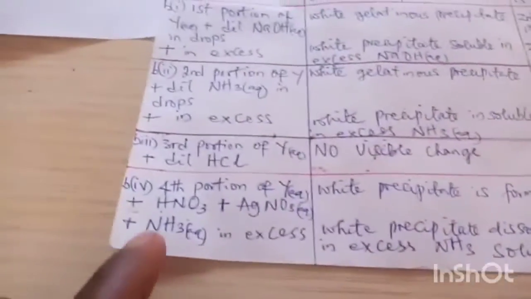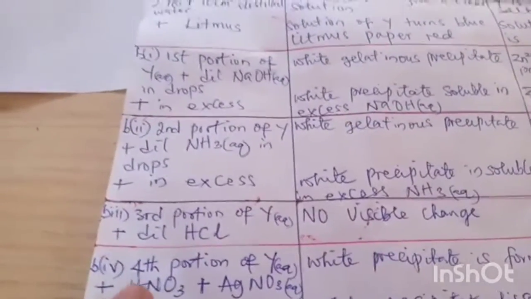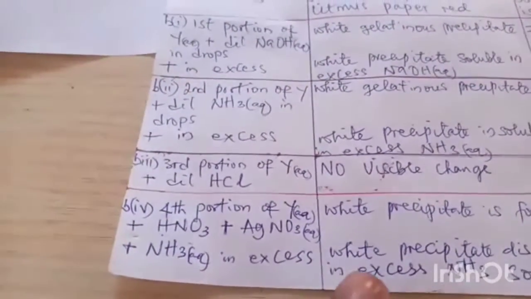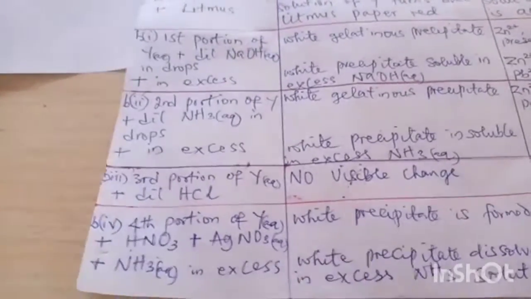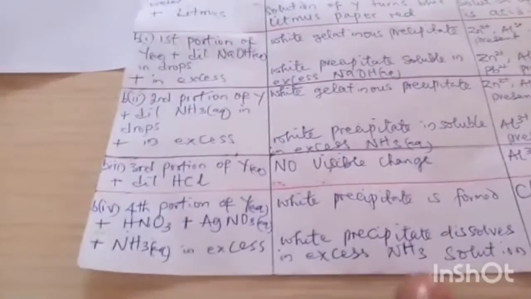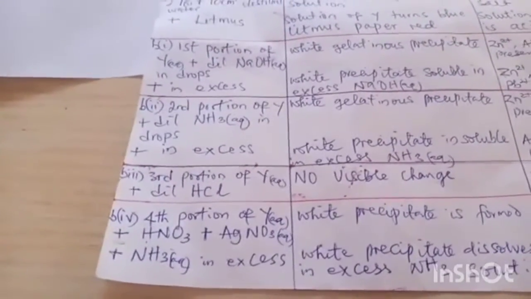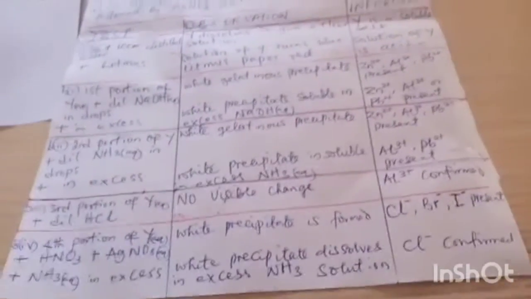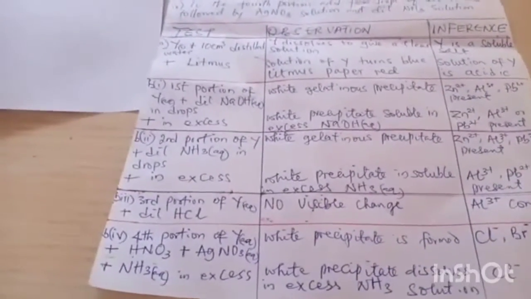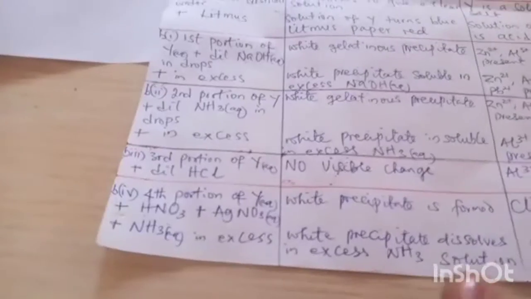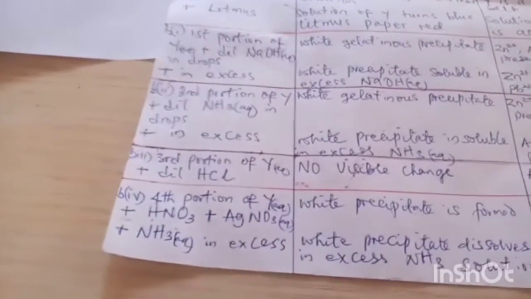And for us to be actually sure which of them is present, we now add ammonia solution in excess. And when we do that, the white precipitate is going to dissolve in excess ammonia solution. So when we add excess ammonia solution to the white precipitate formed, if it dissolves, the inference there is that chloride ion is confirmed, because it is only chloride ion that dissolves in excess aqueous ammonia.